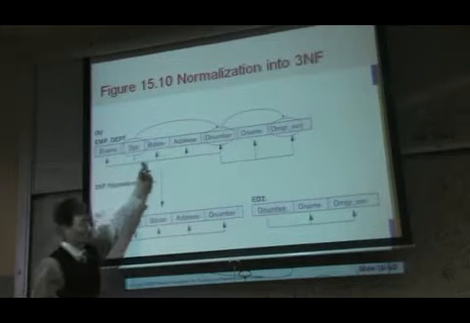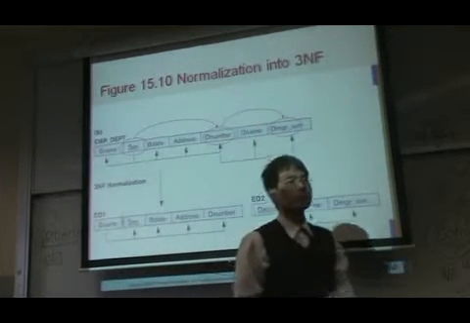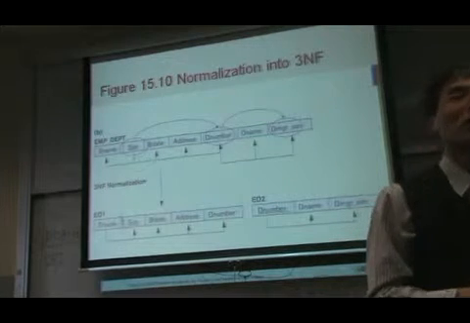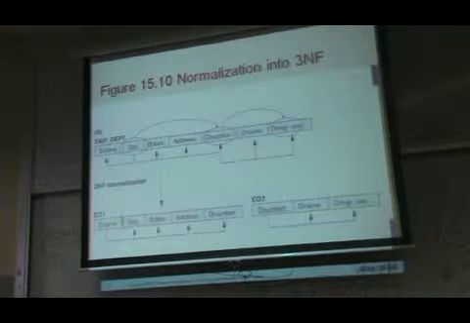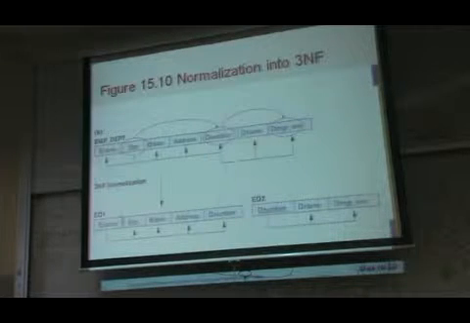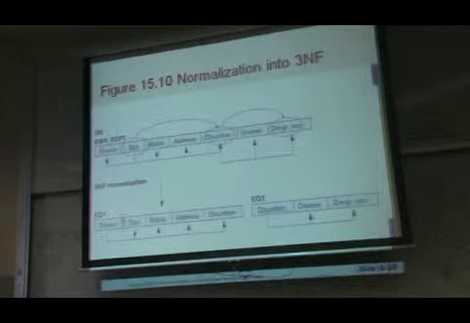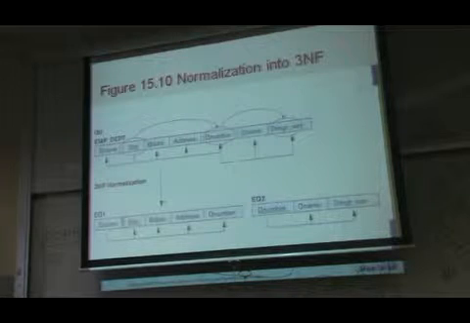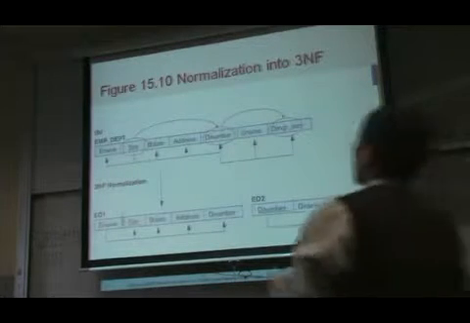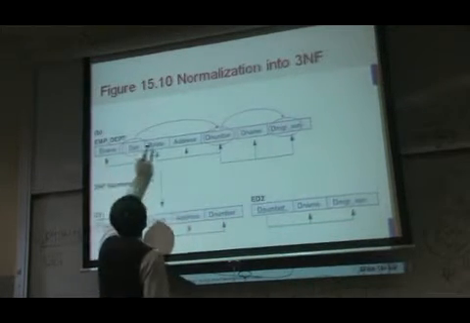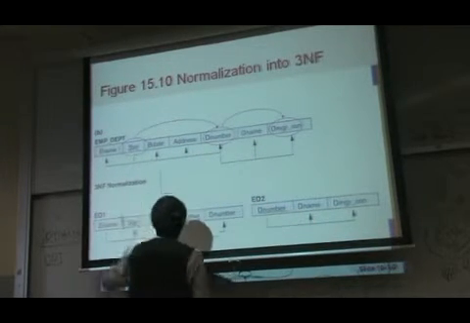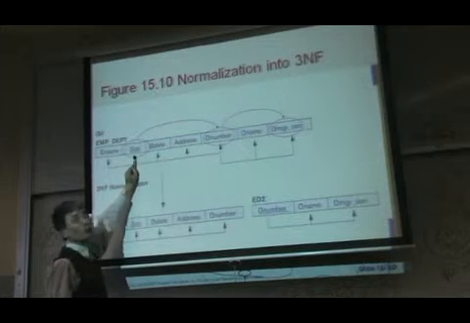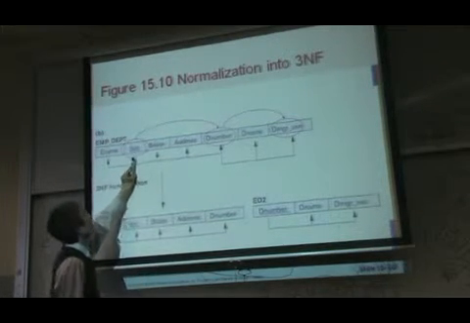What about the second normal form? What is the second normal form? For each non-prime attribute, check whether it is partial or full. E-name is determined by only one prime attribute.